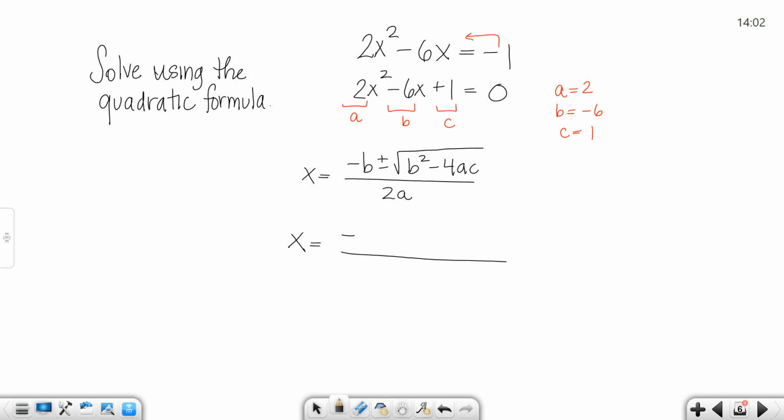So you have the negative of negative 6 plus or minus the square root. B is negative 6, so that's negative 6 squared minus 4 times A times C all over 2a. So take a moment to look at all of those different terms.